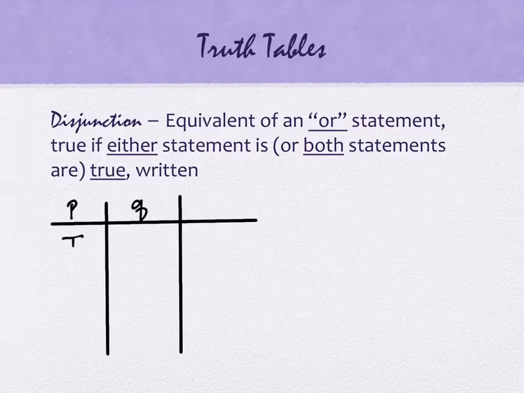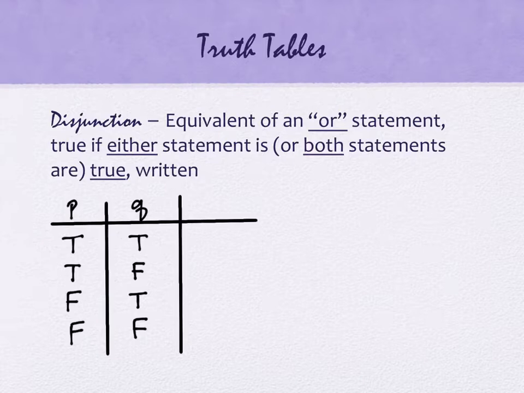So column P goes true, true, false, false. And column Q goes true, false, true, false. And again, the reason why is because that captures all the possibilities. Now, an or statement is written actually as a V between them. So it looks like P V Q. Okay? So the third column is P V Q.